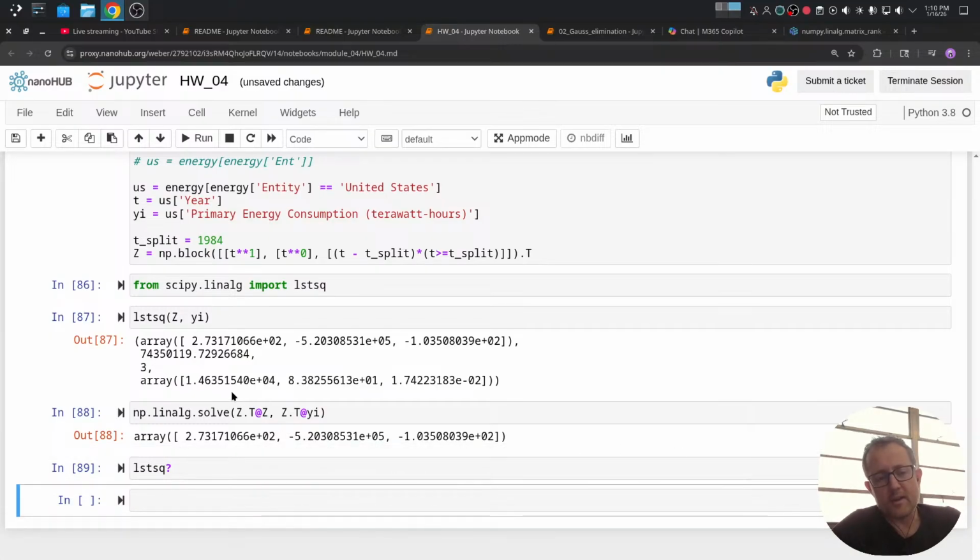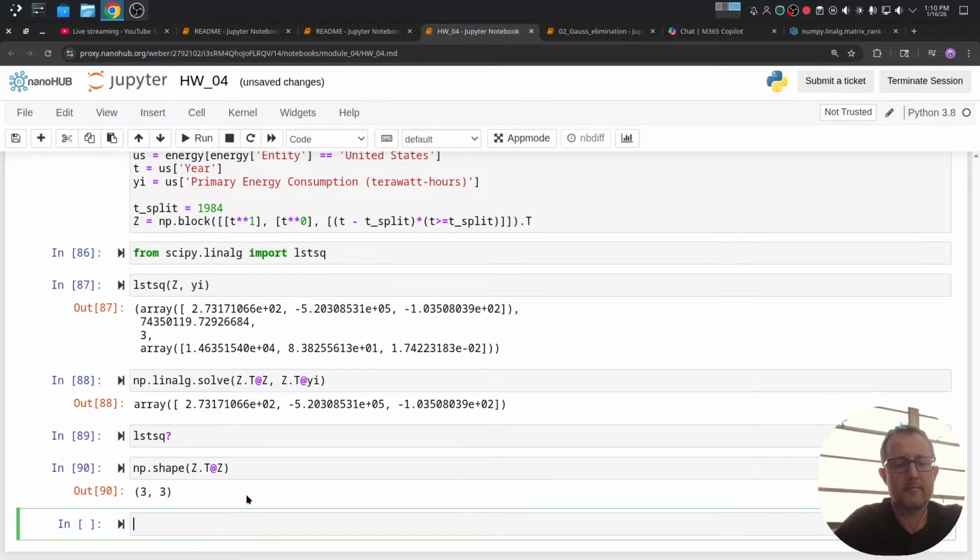You can also calculate these things yourself. The rank is probably going to be the size of this Z transpose. So Z.transpose @ Z ends up being a 3x3, which is the rank here.